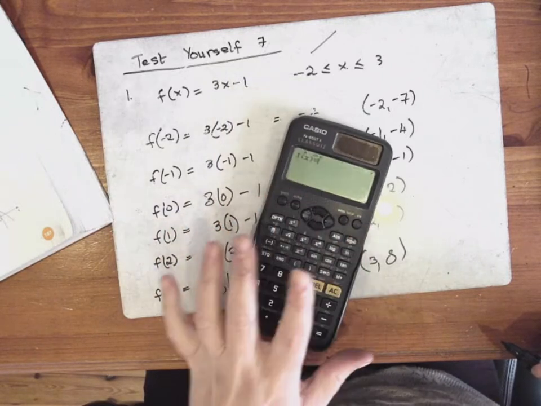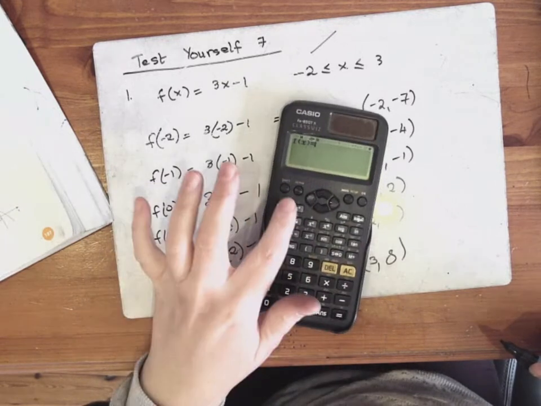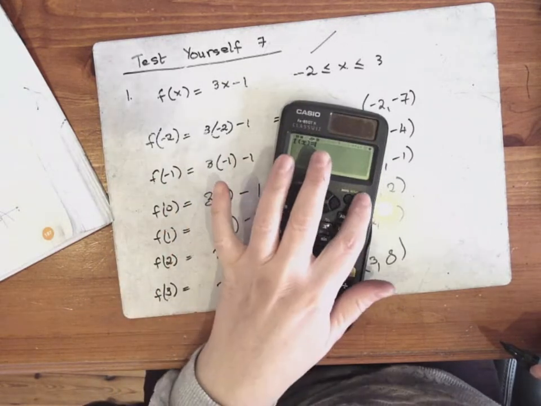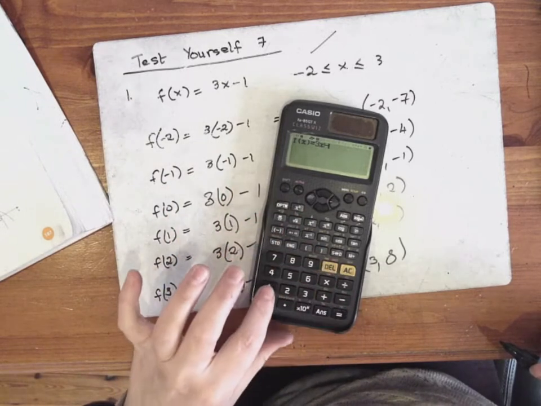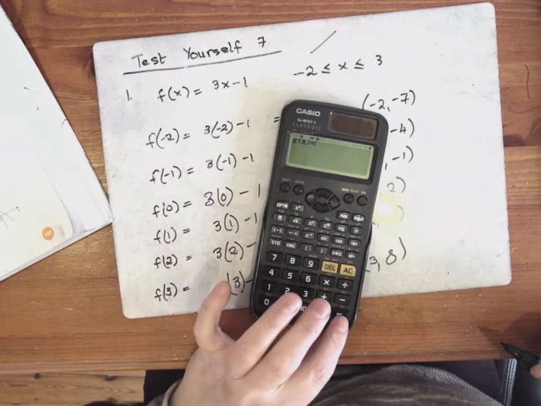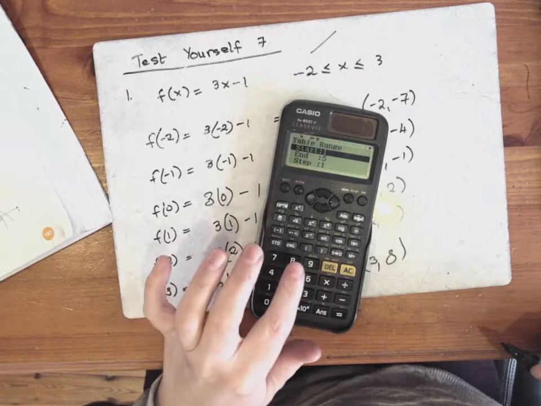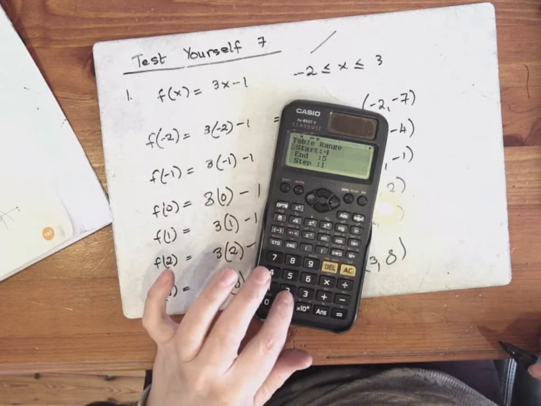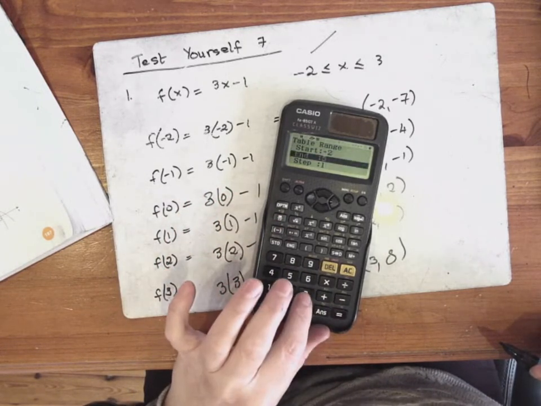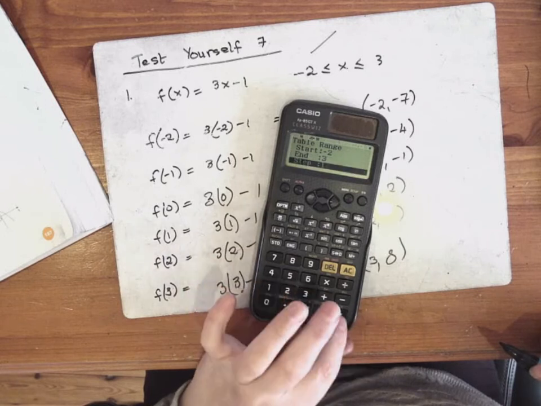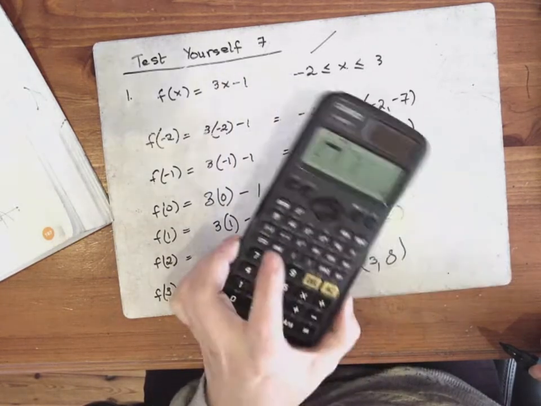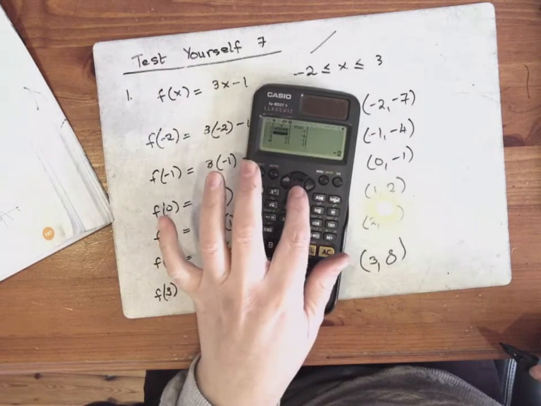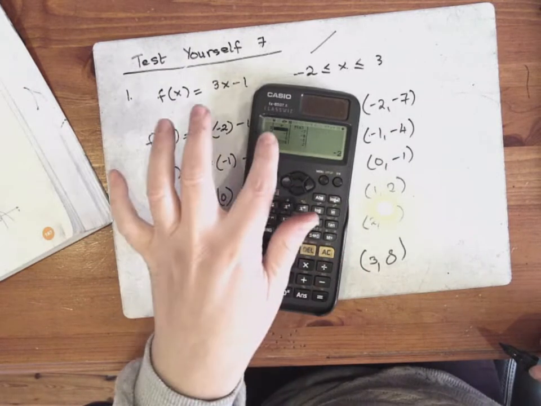We'll cancel that off and I'm just going to start again. 3 alpha x minus 1, enter. Start is minus 2, end is 3, and it's always step 1, so just enter that, and all your points will come up in your calculator. Use the down arrow to get the ones at the bottom of the list.